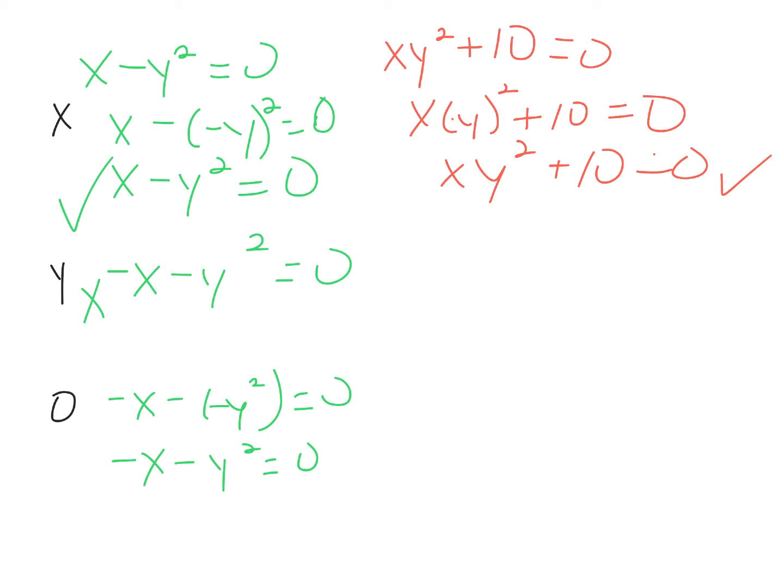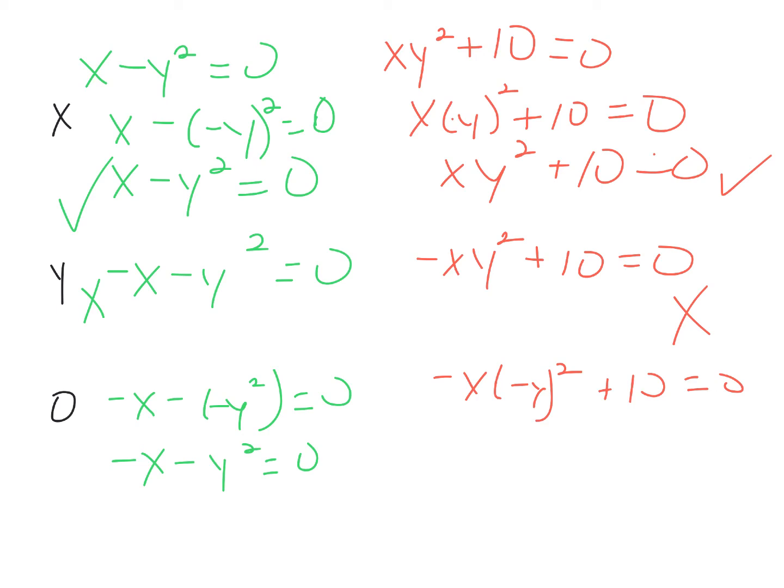So we're going to put in negative x and yes, that is going to be different. So no. And then let's do negative x comma negative y for the origin. And negative y squared is going to be y squared. Is that the same? No. Still a different equation. So nope.